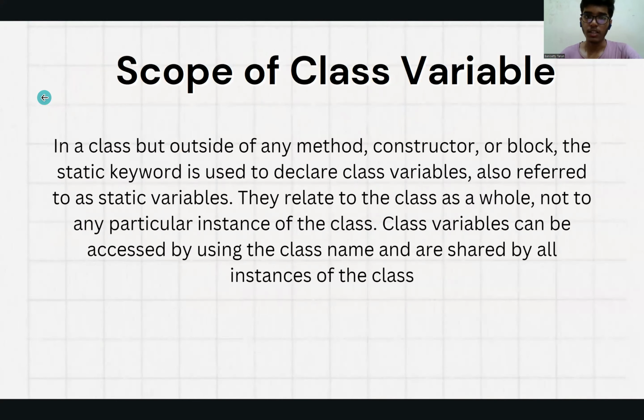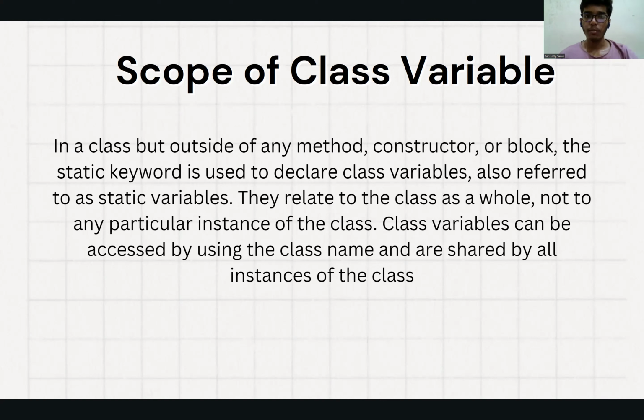Scope of class variable. What is a class variable? A class variable is the same as instance variables. These are also declared outside the method inside the class, but these class variables are declared using a special keyword called static. We can use the static keyword to declare the class variables. These class variables can be accessed throughout the class.